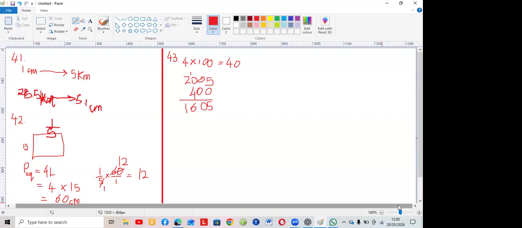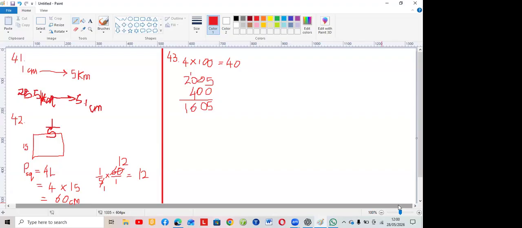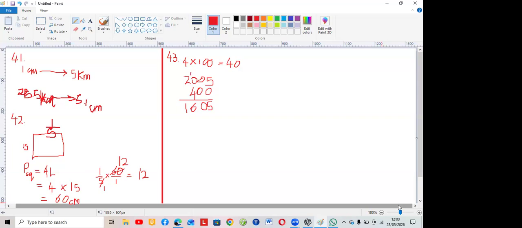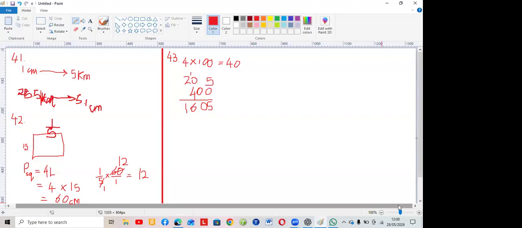So that's 1605. Did you say 1625 or 1605? 1625. Sorry, not 2005, it's 2025. So it was 2025 people said yesterday, and Faith, it was you that said this thing.